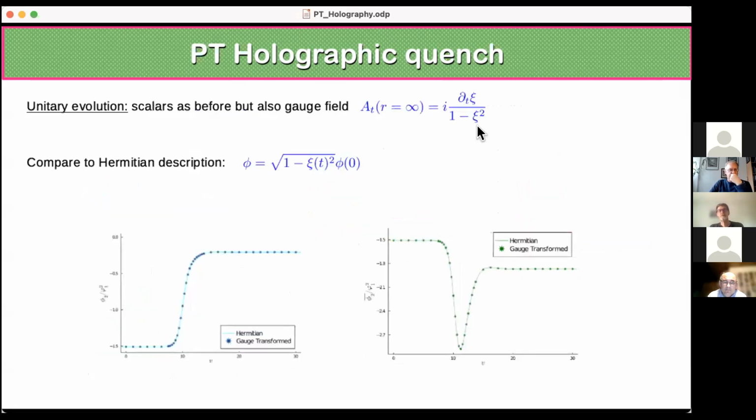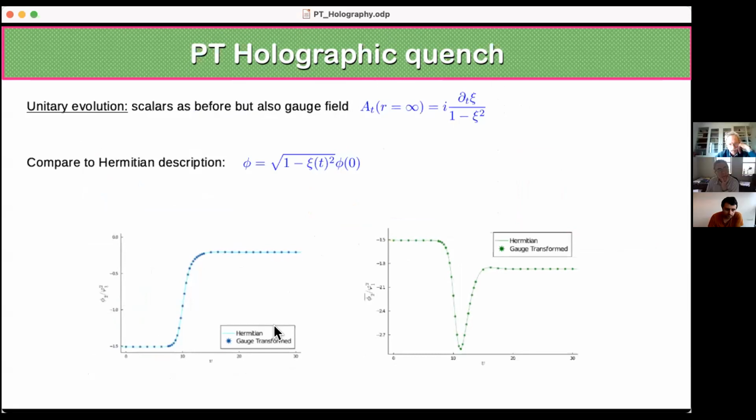On the other hand, you can do this full Hermitian formalism where you also switch on the gauge field, and then you can do two things. You can do the time evolution with this full formalism with the gauge field, or you can transform back to the Hermitian theory, do the Hermitian time evolution, and then transform back at every time step t, just with this transformation matrix eta.